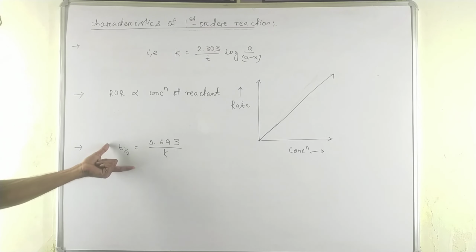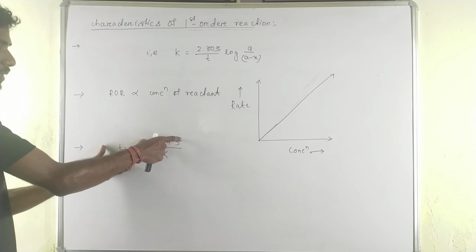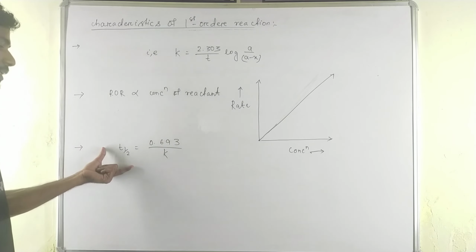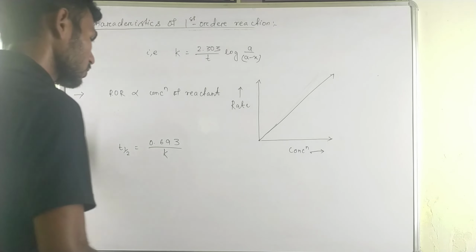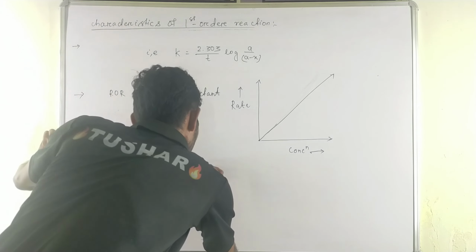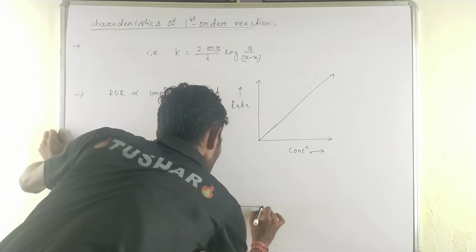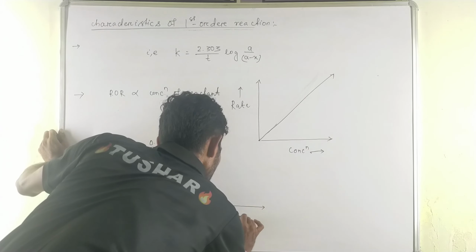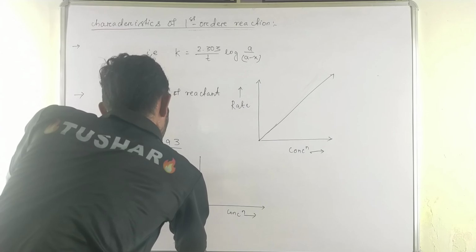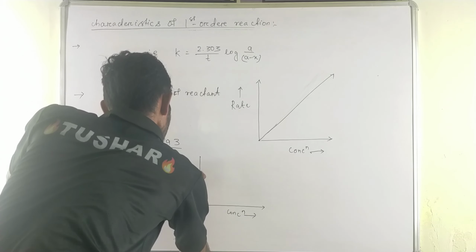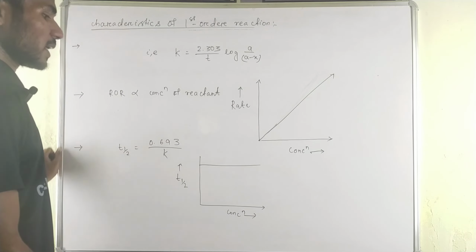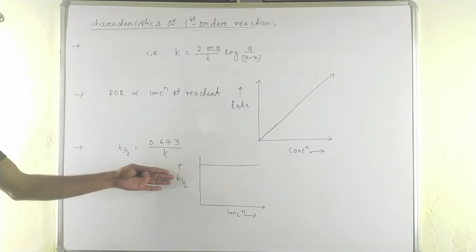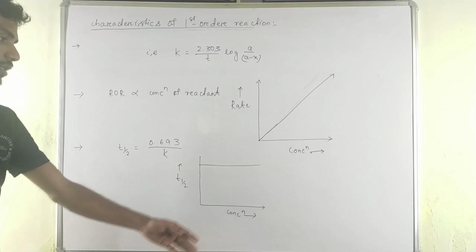If we plot half life period against concentration, the nature of the graph will be a line parallel to the axis, since half life period is independent upon concentration of the reactant.